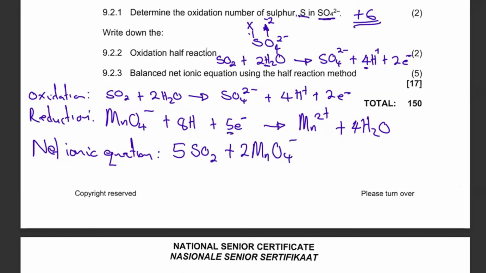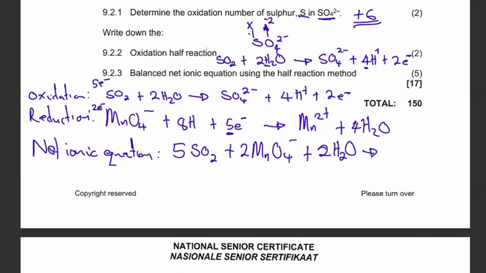Take note, this number of electrons is multiplying the top part, and these 2 are multiplying the reduction part. If you multiply there, you're going to have 2H2O, and then 2H2O to give us the product.